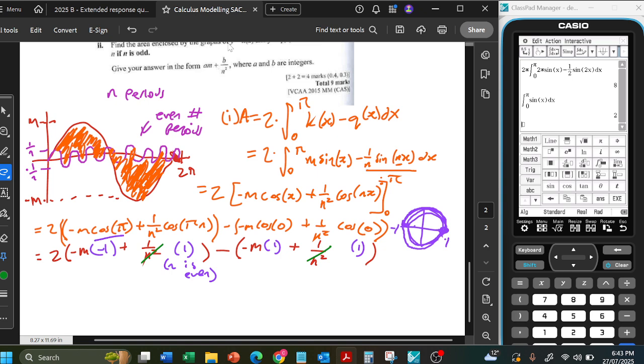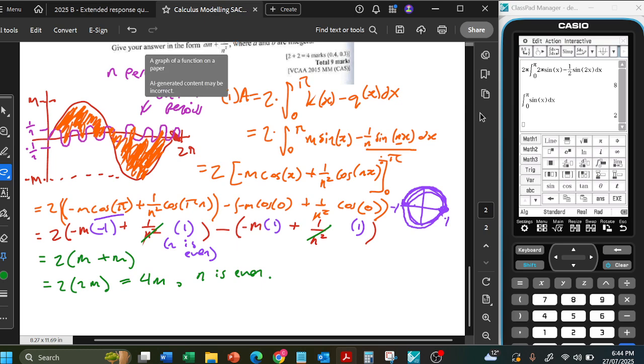They cancel out. Easy. Next, we have negative times negative, so that's m, minus negative m times 1, which is just m. So we have m plus m, which is 2m, and with the factor of 2 that's 4m if n is even. Okay, so that's part I.